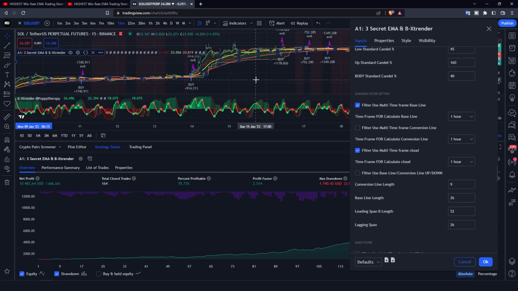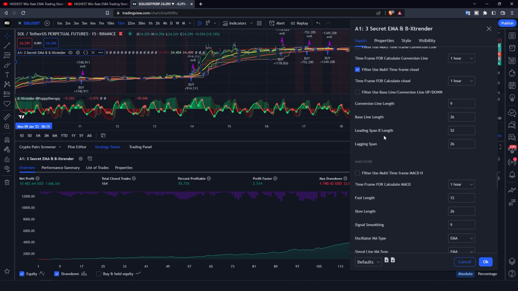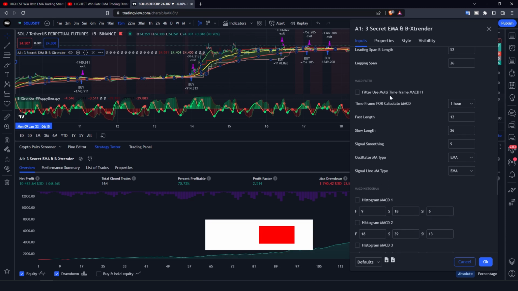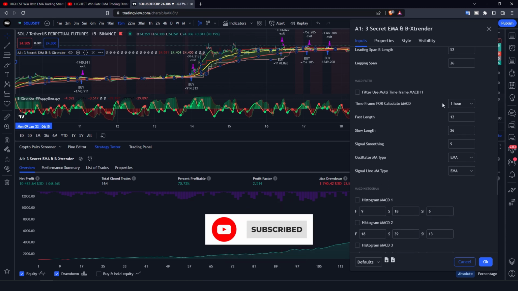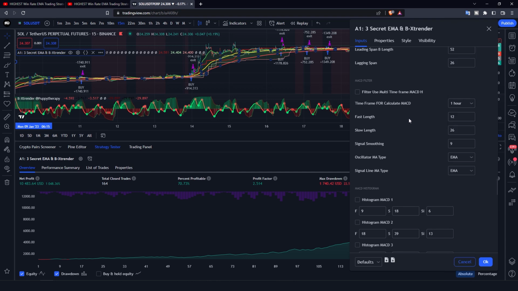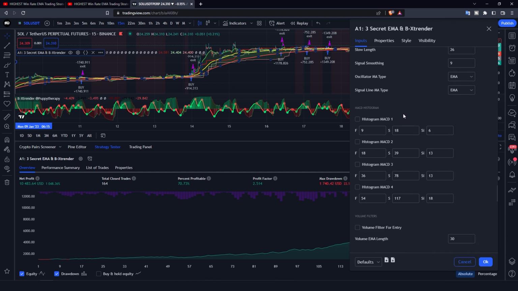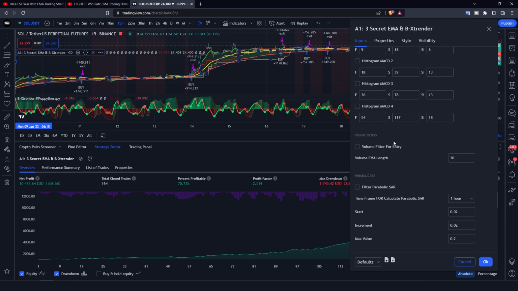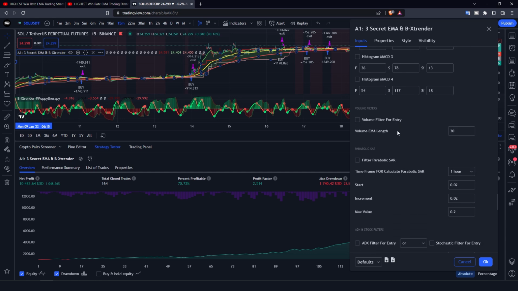Okay, multi-time frame of conversion line is here, and we can set this too. And multi-time frame MACD, you can set this too. I put 4 MACDs that you can use. It's histogram MACD as a filter with different settings. Okay, I put these 4 MACDs for you.